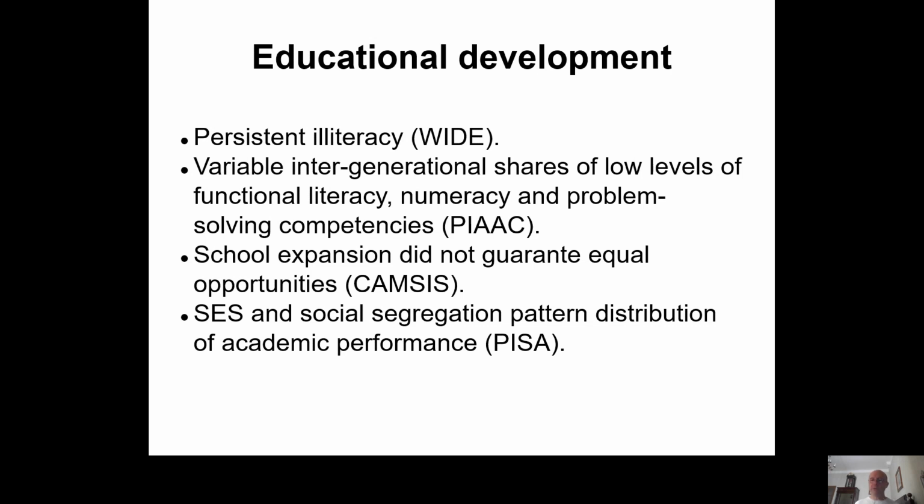Drawing on sociologist John Goldthorpe's method for analyzing social mobility, these sociologists have looked at the relationship between parental occupation and individuals' educational level, and they have found that there have not been expansive equal opportunities in the 20th century anywhere.